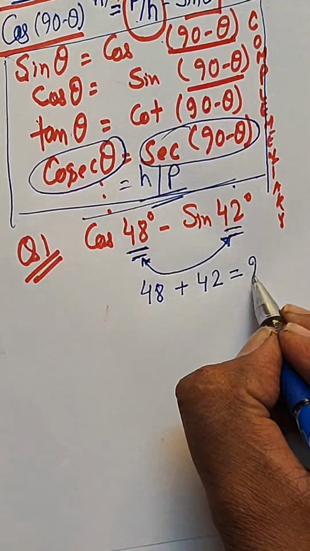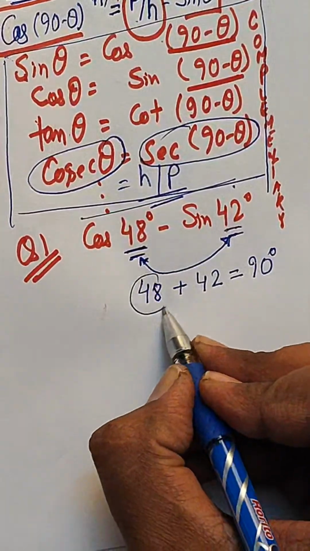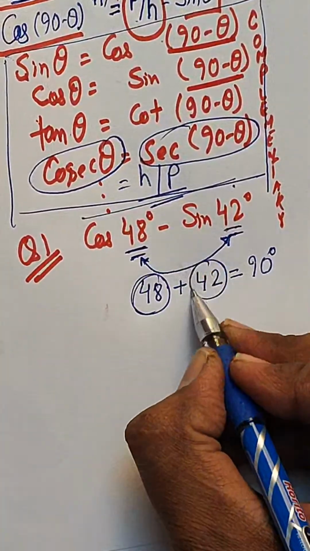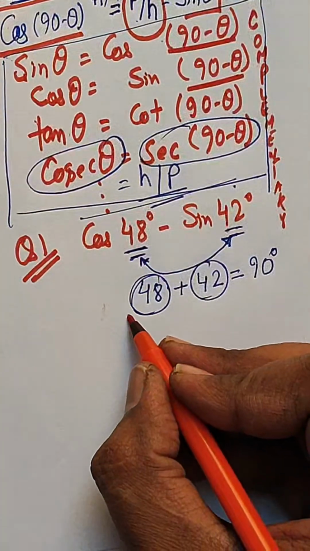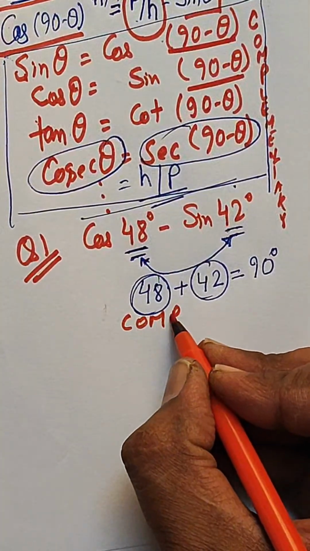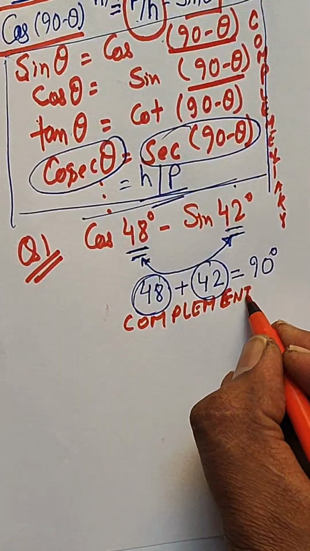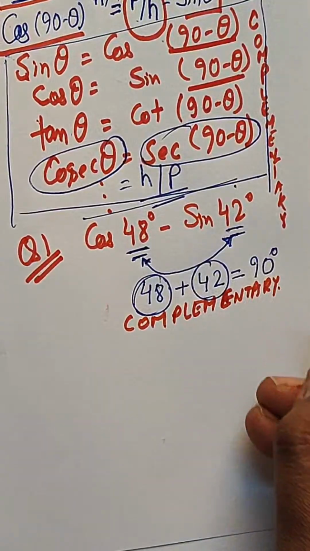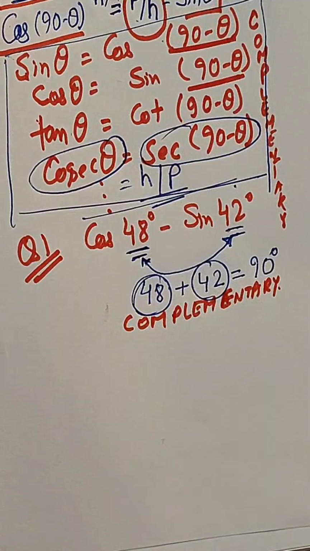You can see it's 90 degree. That means this 48 and this 42, the pair of these angles, are complementary.